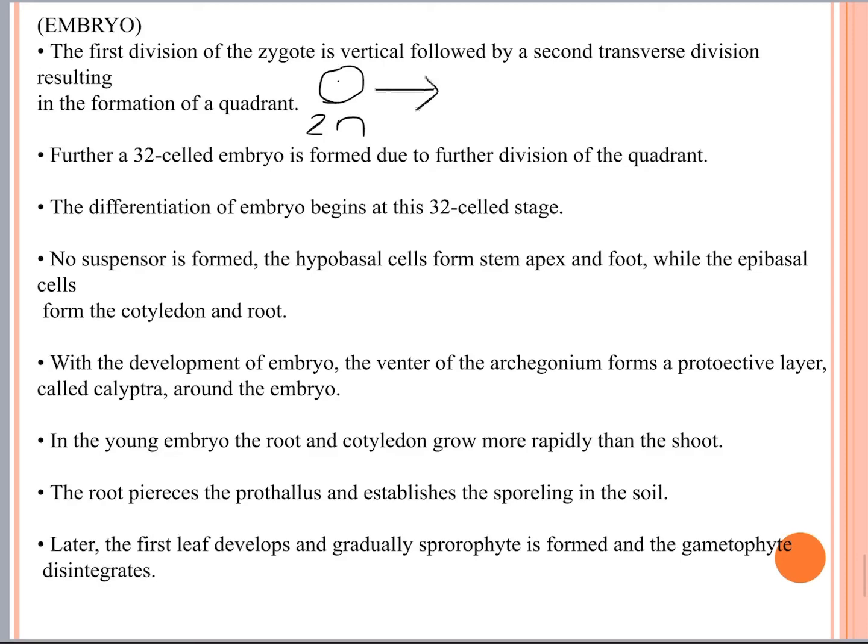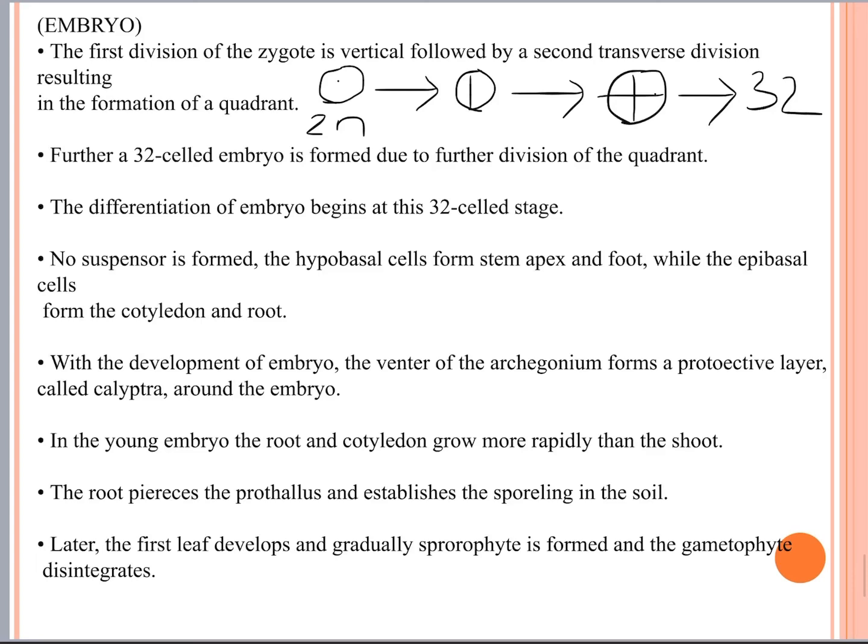Then the second division is the transverse division, where a quadrant structure is formed, and later on it undergoes repeated division and reaches a 32 celled stage. From this 32 celled embryo the differentiation begins.